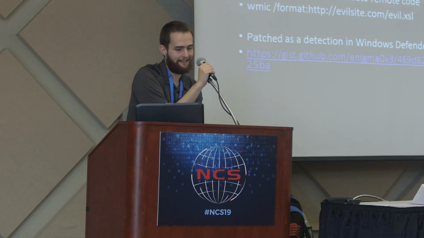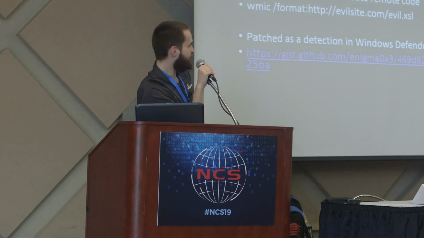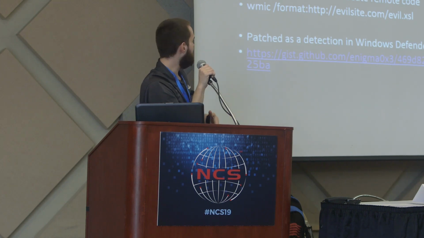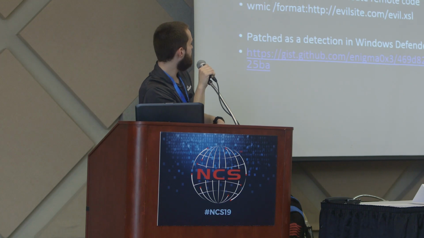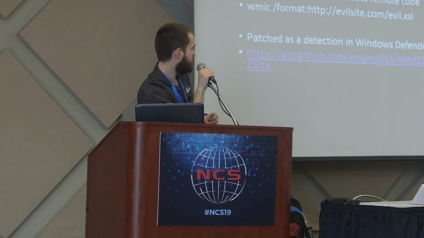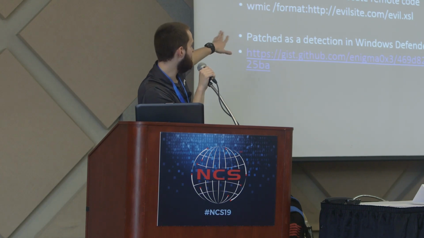So now let's go through some examples of this. Squiblydoo 2. So this was a way to execute remote code on a server using a built-in Windows utility that's signed by Microsoft. WMIC is a system administration tool created by Microsoft.